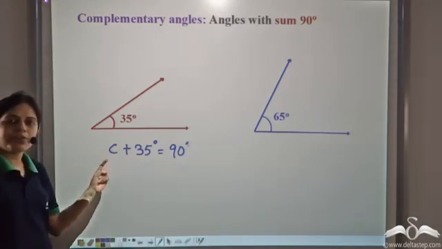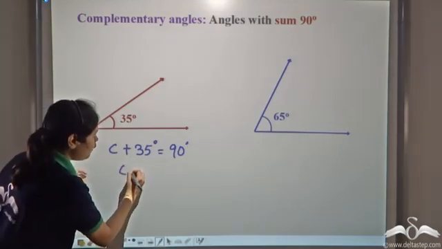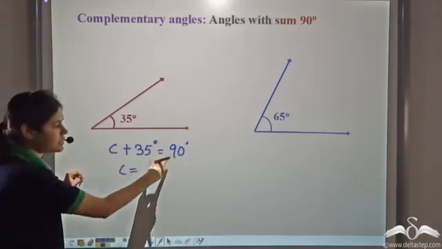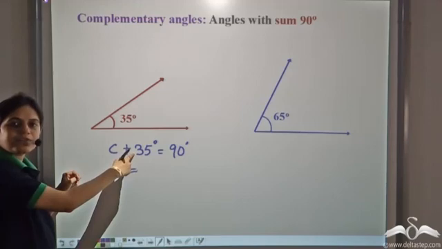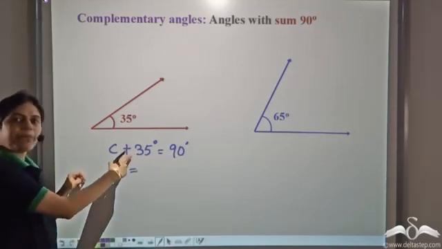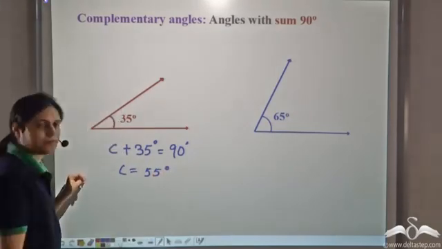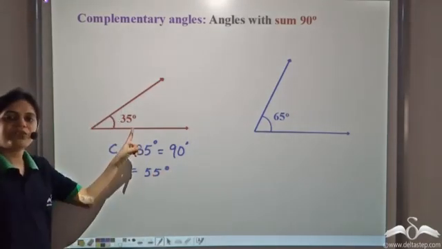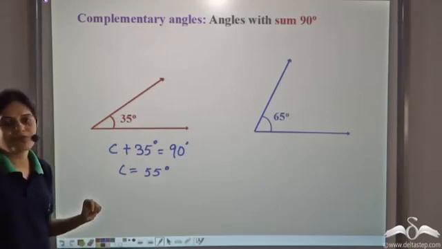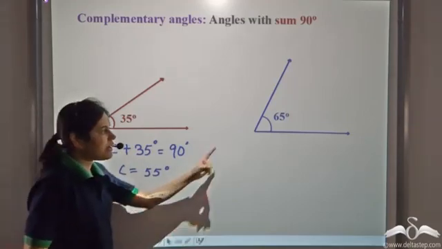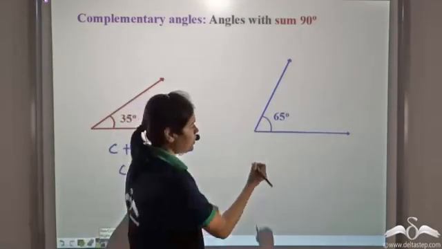From this, we can find this. So complement of 35 degrees is 90 minus 35 degrees. 90 minus 35 is equal to 55 degrees. So the complement of 35 degree angle is 55 degrees. Now let us find the complement of this angle.